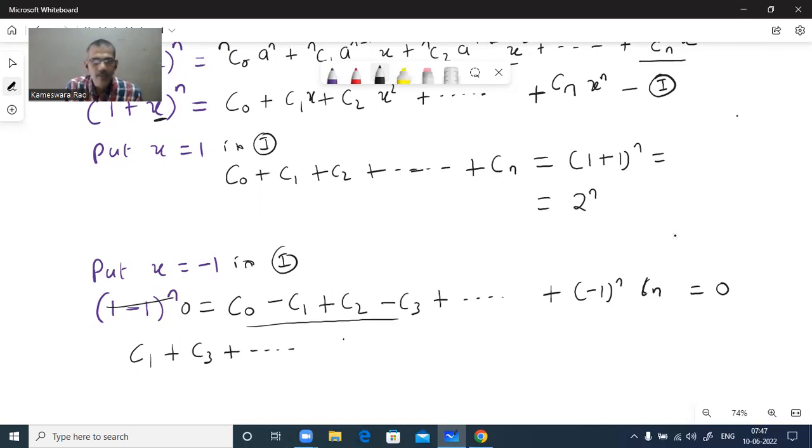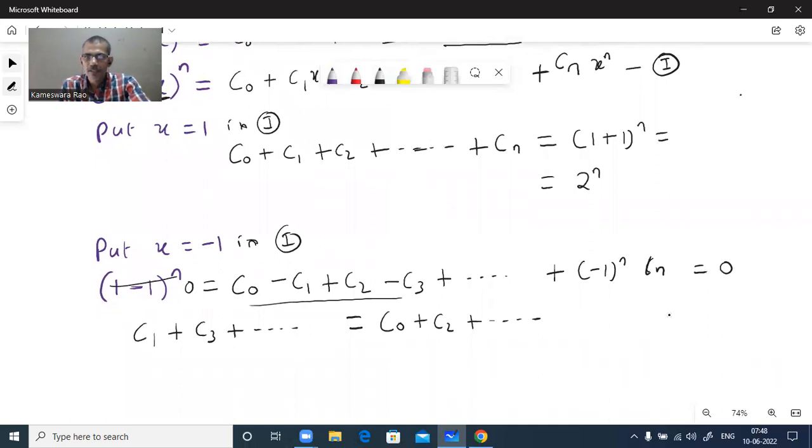Only the negative terms have been transposed. The remaining terms are C0, C2, dot dot dot. So the sum of this series and the sum of that series are equal; that is, the sum of odd power coefficients and the sum of even power coefficients are equal.